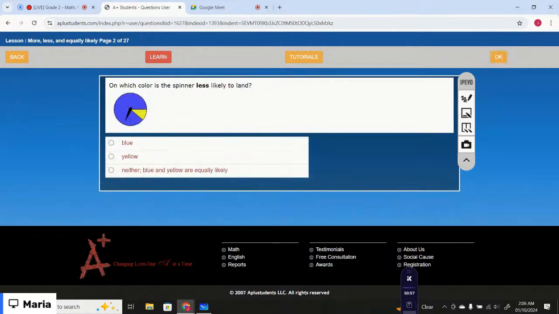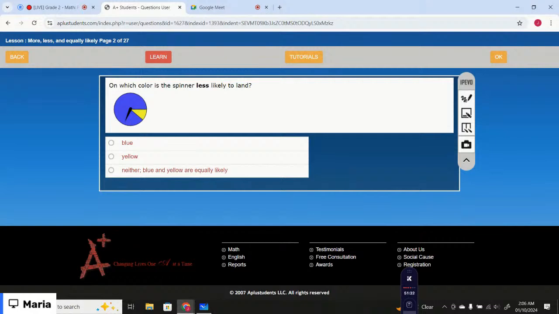On which color is the spinner less likely to land? So which is the correct option?